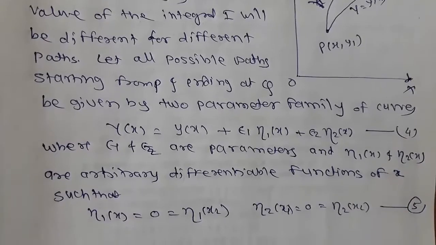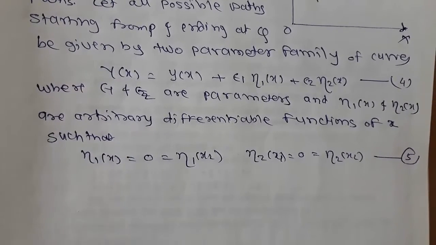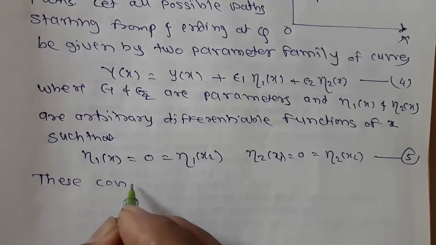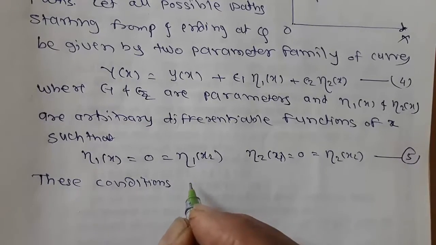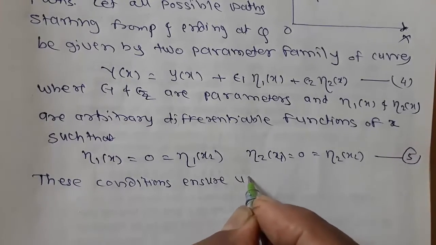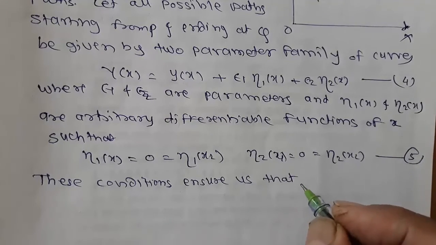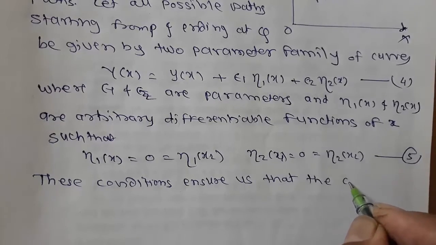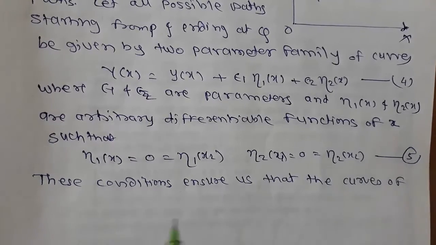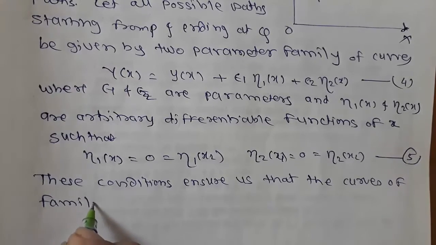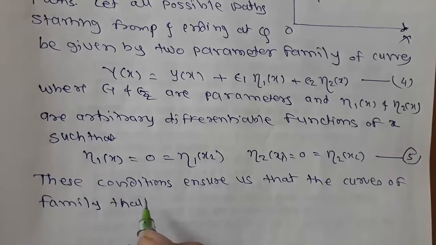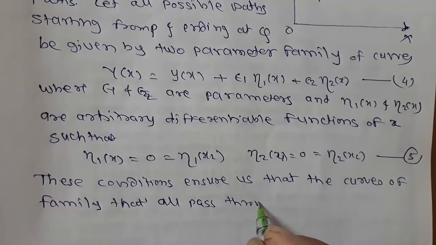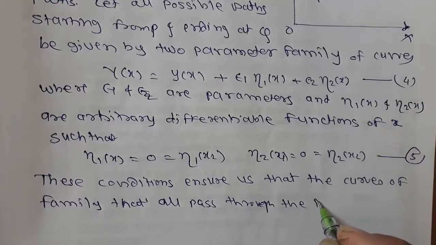These are the conditions. These conditions ensure us that the curves of the family all pass through the points P and Q.